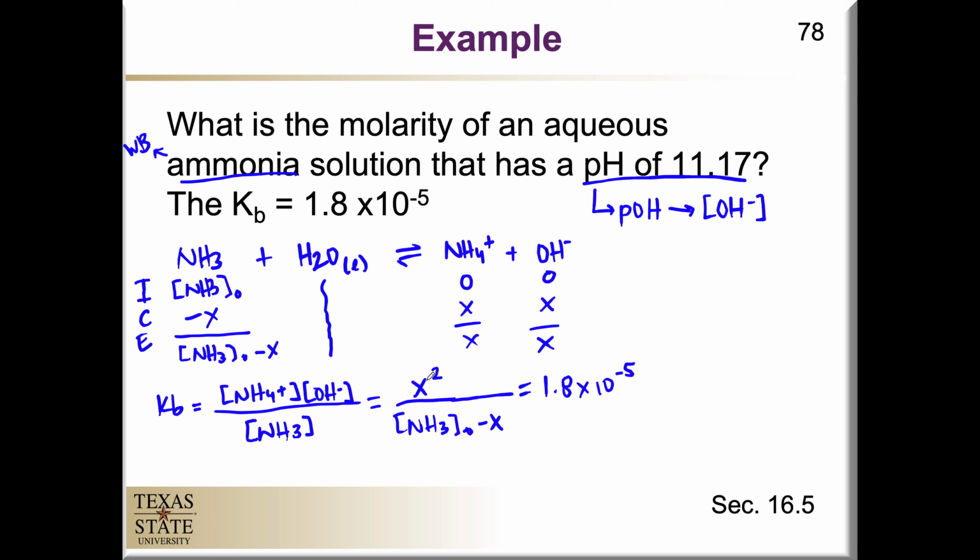So we need to have another way to find X. And this is where we come back to the pH. We said that from the pH, we could calculate the pOH. From the pOH, we could calculate the hydroxide ion concentration at equilibrium. And at equilibrium, the hydroxide ion concentration is equal to X. So that means that once we have this, we actually do have X.